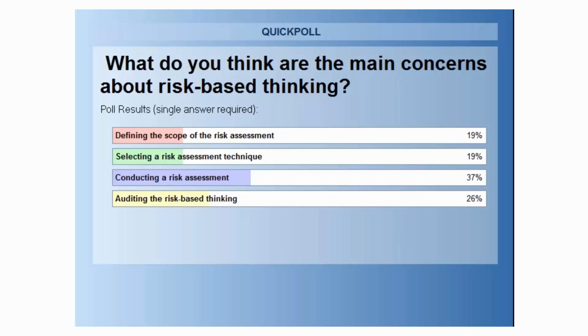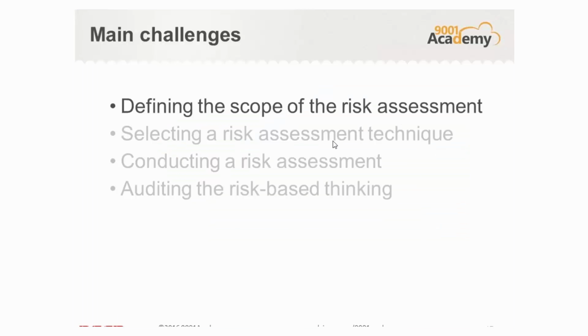So if you make a mistake in choosing the risk assessment technique, you can end up either with a technique that you cannot feed with enough information, or it's too complicated for use, or at the end it can be oversimplistic and doesn't really provide you with useful results, and you didn't manage to identify the risks in your company.